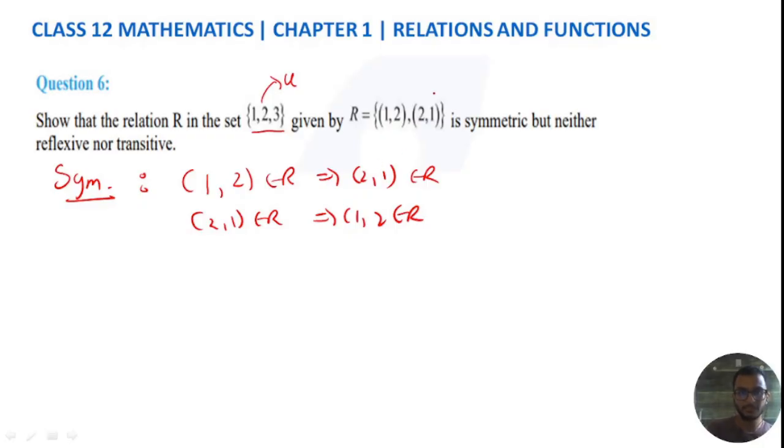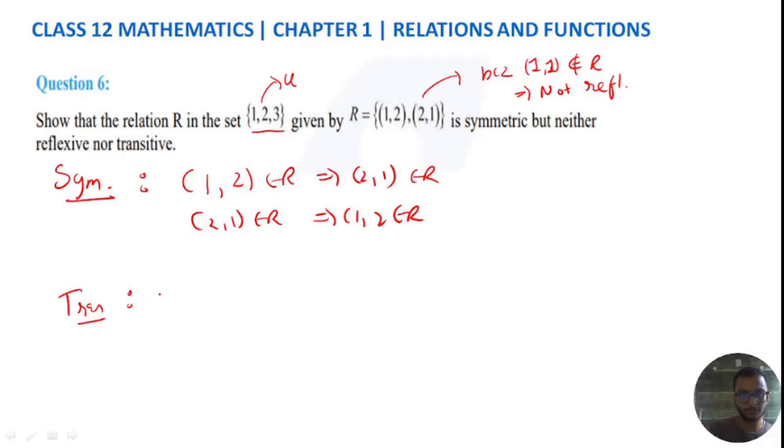Why is it not reflexive? Because (1, 1) is not in R. For reflexive you should have (1, 1), (2, 2) and (3, 3) in R, but it does not happen here. So it is not reflexive. Now let's show why it is not transitive.